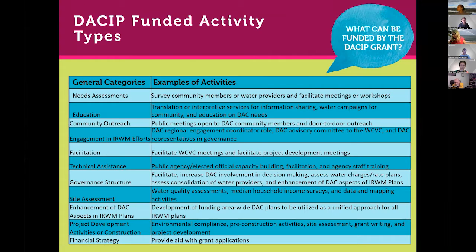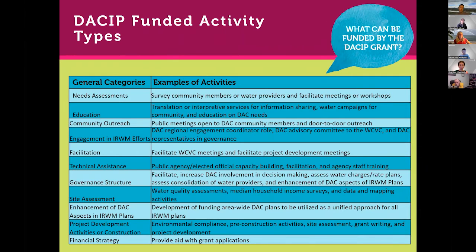What you're looking at here is exactly what DWR will allow. Our language was much more descriptive in terms of what a project might be. But these items in that first category, general categories, so needs assessment, we've completed that already, but that's one of the things that can be done.